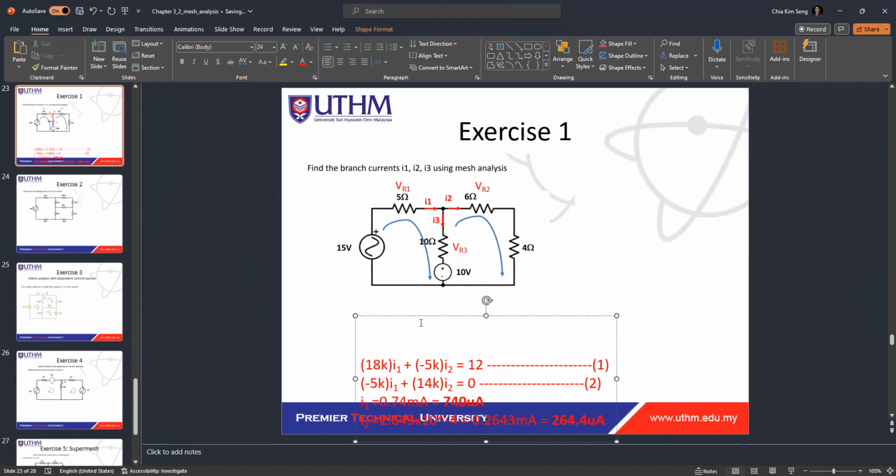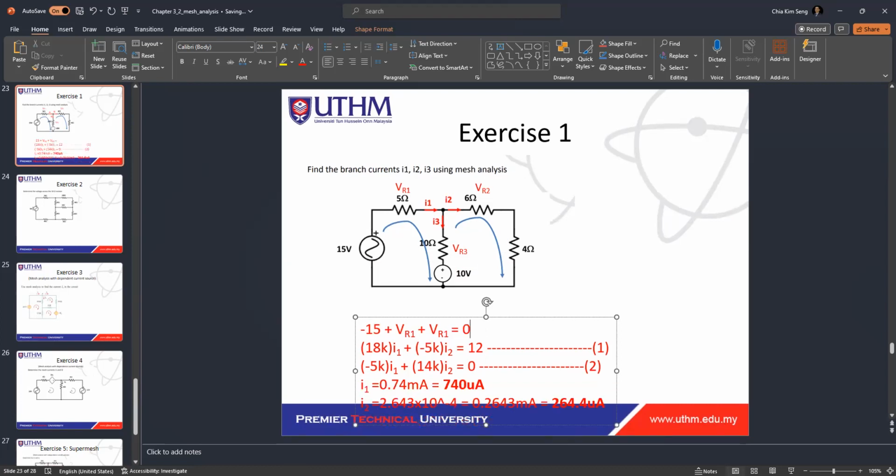And then next, we come to the equation. We start with our 5 volt and minus 15 volt because we are crosswise, and then plus this VR1, and then plus again VR2, equal to 0.